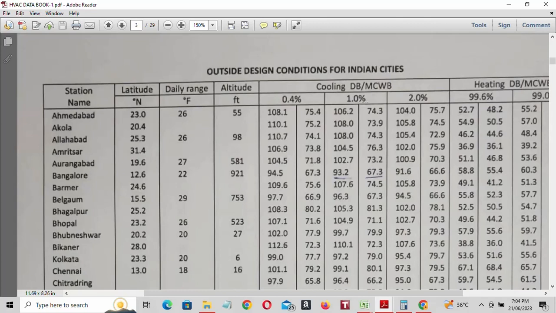For a school building, you have to take this value: 93.2 is the dry bulb temperature and 67.3 is the wet bulb temperature.